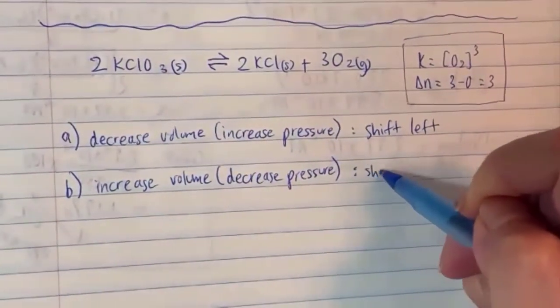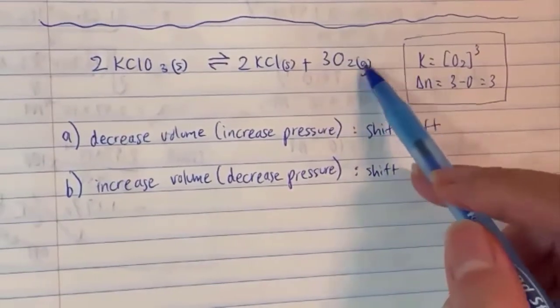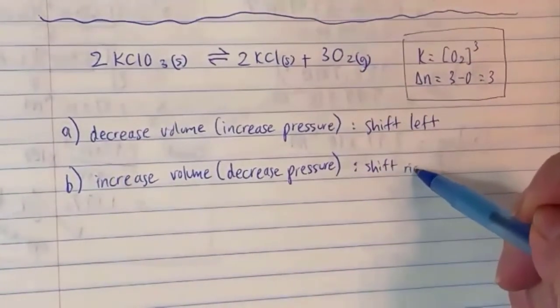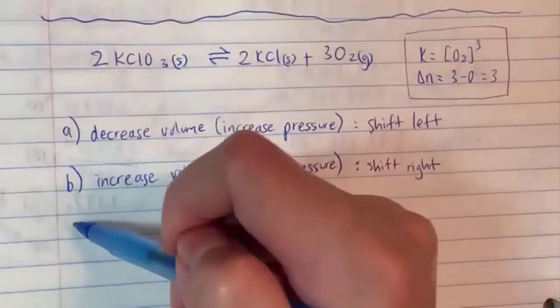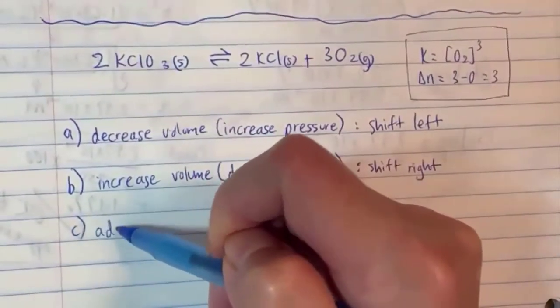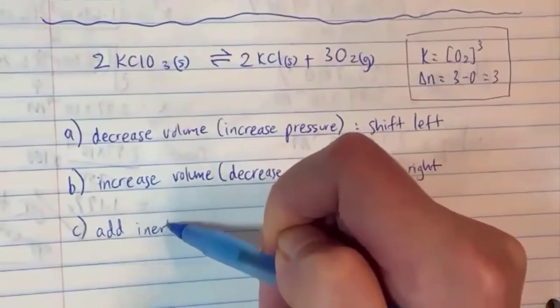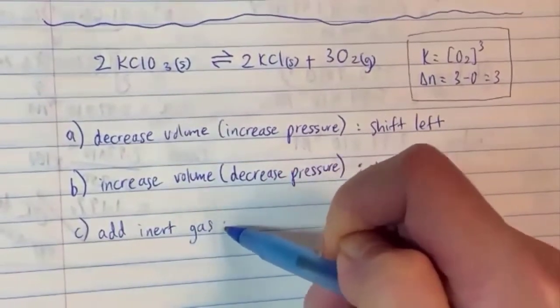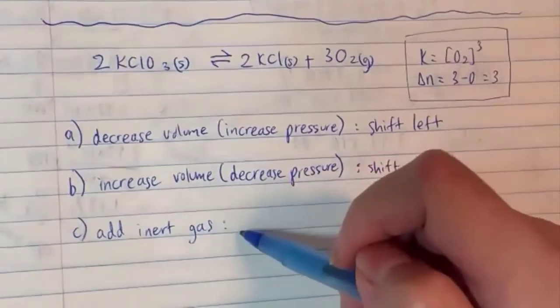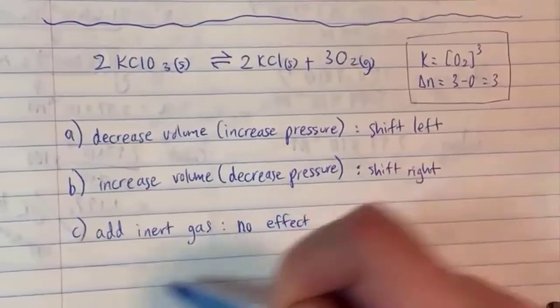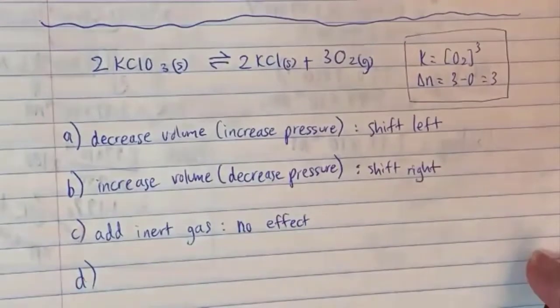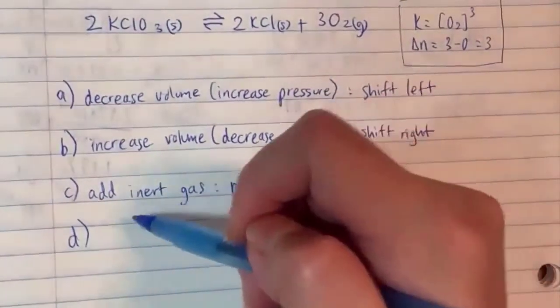So this will shift to the side with more moles of gas, which is to the right side. Okay, now remember, if we add an inert gas, what happens? Nothing happens, okay? We'll say inert gas is no effect. What else is no effect? When you add a catalyst, okay?